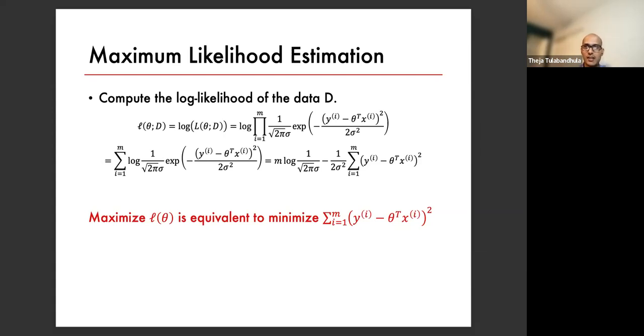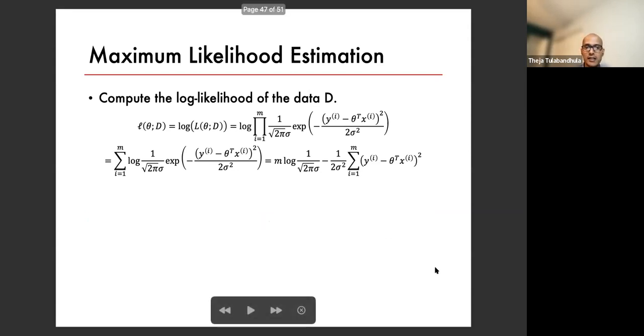When a is close to 0, log of a is very small, potentially negative infinity. And when a is large, log of a is also increasing. So log of a always increases. Of course, it doesn't increase linearly, it's some curve that grows sublinearly, but it's an increasing function. And so if the function is increasing, then applying that function to the objective function doesn't change the solution of that optimization problem.